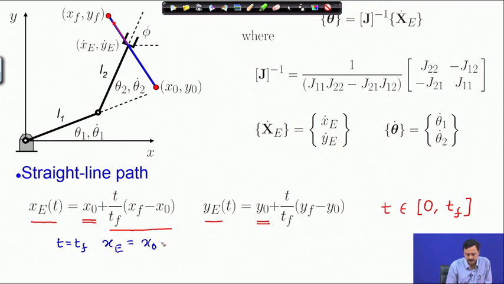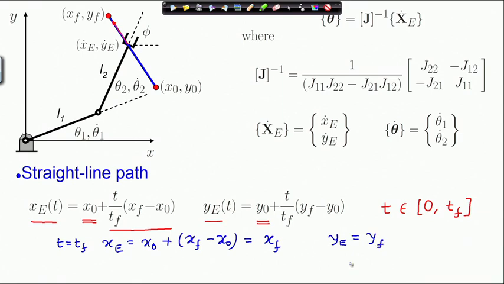So, this is x naught plus x f minus x naught. So, that becomes x f. Similarly, y e becomes y f. So, at time t equal to t f, we are at the final point x f y f.